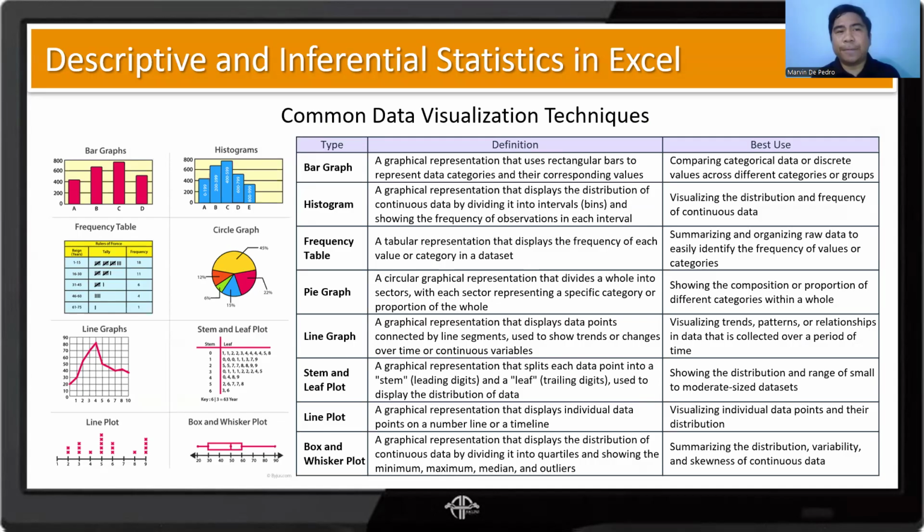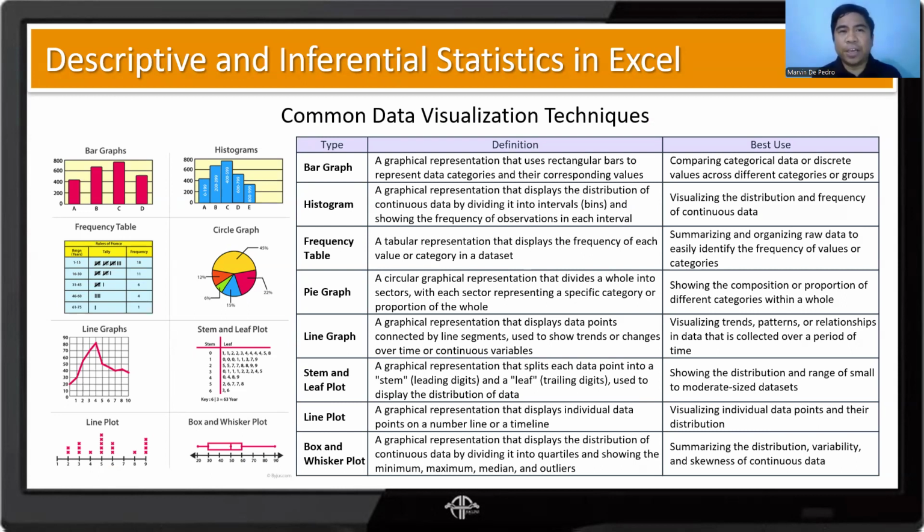Other than that, in descriptive statistics, we are also concerned with the visualization of our data. And it is best if we have a frequency table, which we use to come up with certain visualizations like bar graphs, histograms, and circle graphs, especially if the data we are handling is categorical.